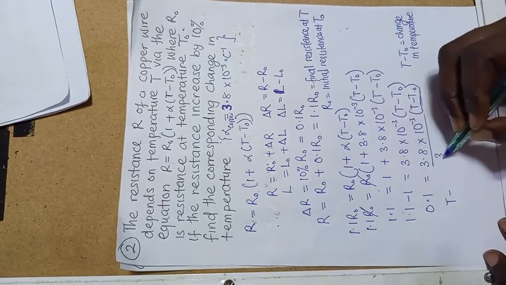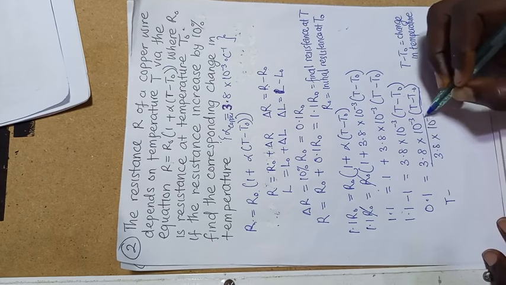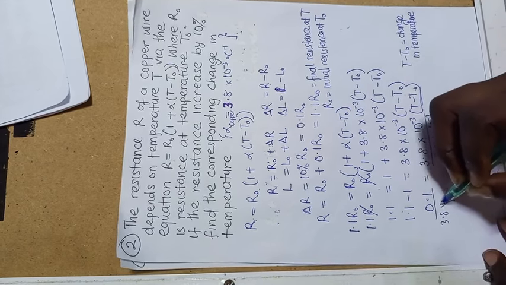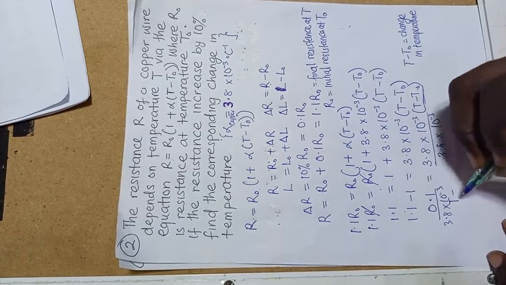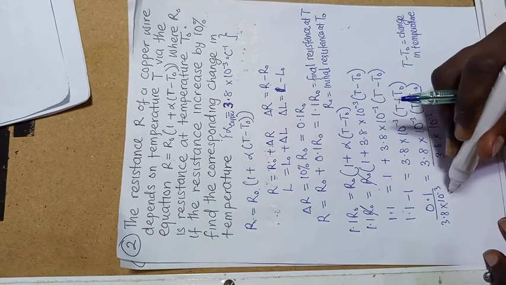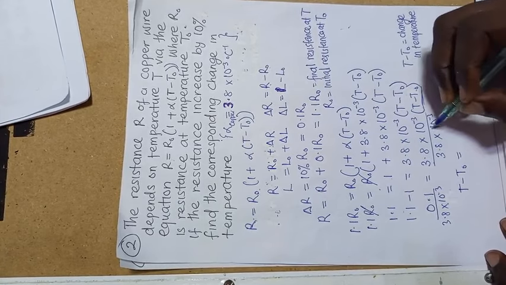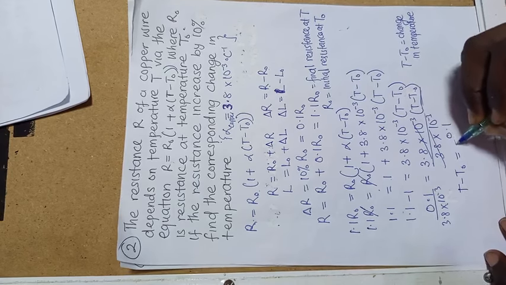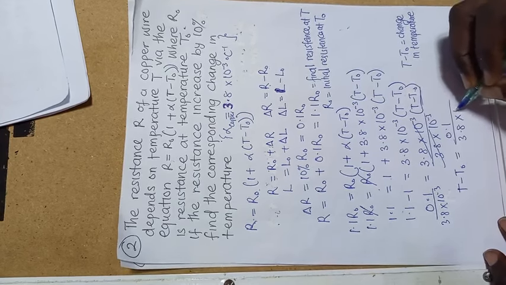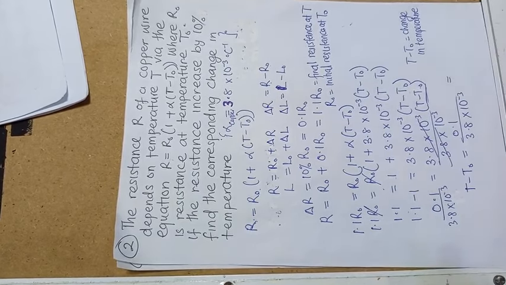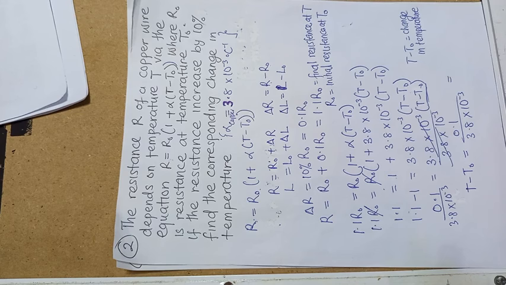If you divide both sides by 3.8 times 10 to the power of minus 3, we are going to have T minus T naught equals 0.1 over 3.8 times 10 to the power of minus 3.